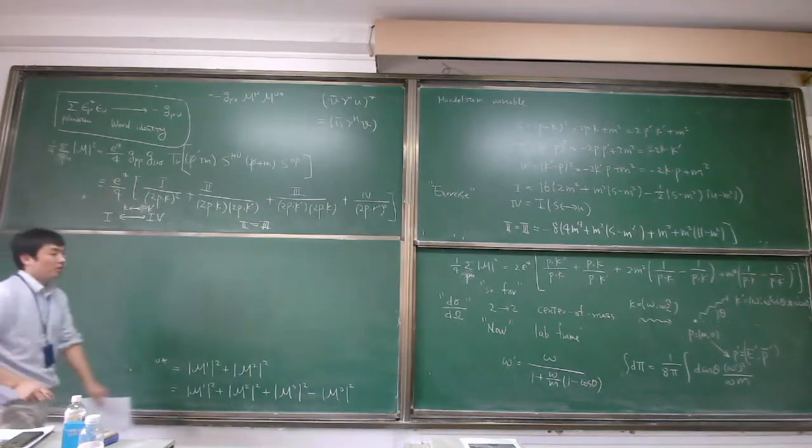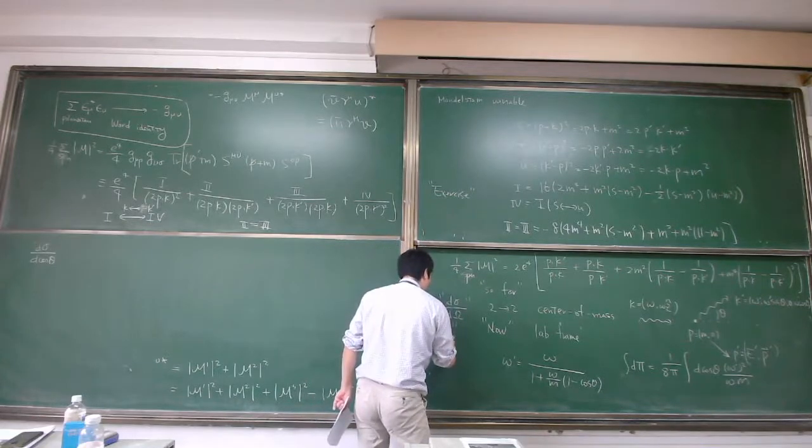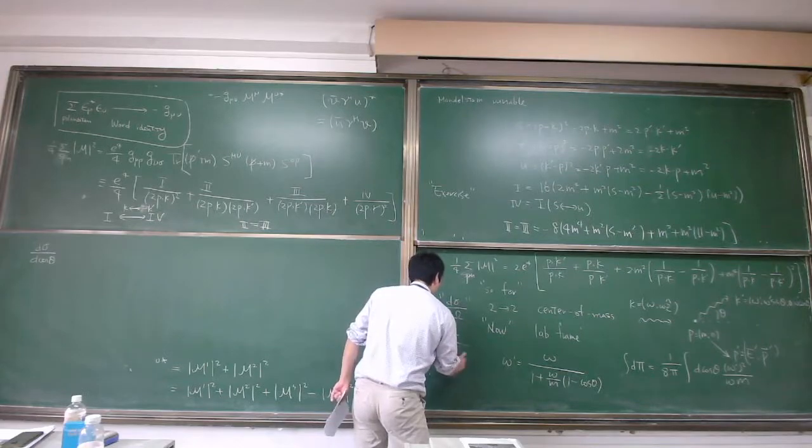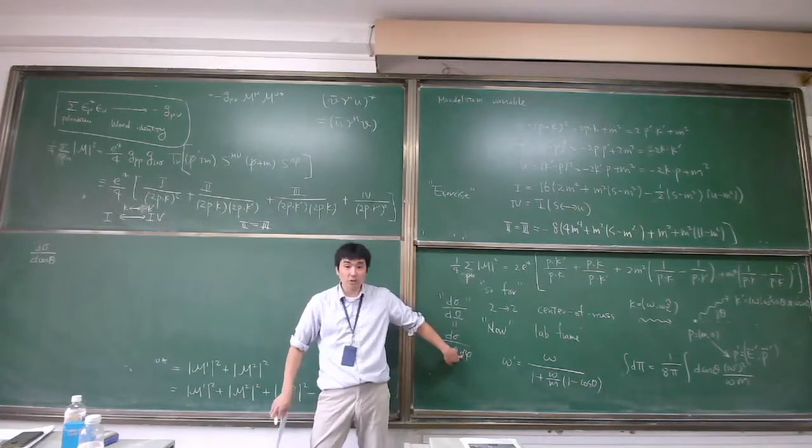Now, as you know, this d omega is essentially d sigma d cos theta d phi, and you can easily integrate over d phi, which will give you 2 pi.